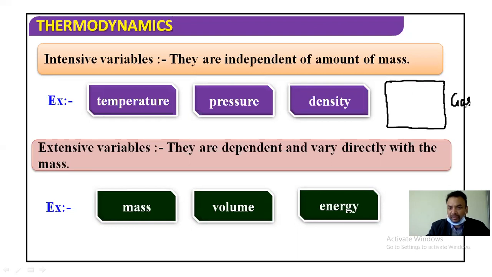I take a small portion of this container, and in this small portion, the pressure of the gas is P, temperature of the gas is T, and density of the gas is rho.